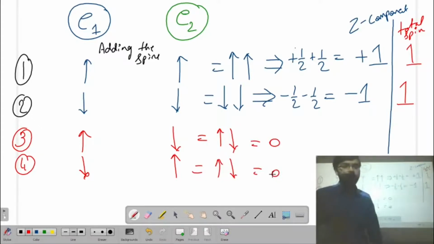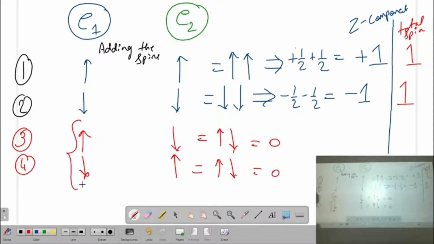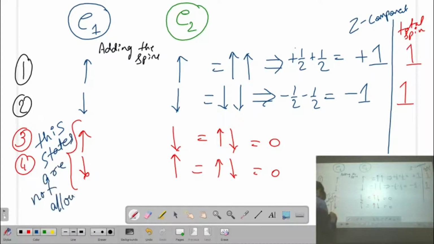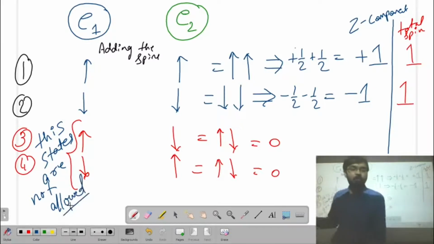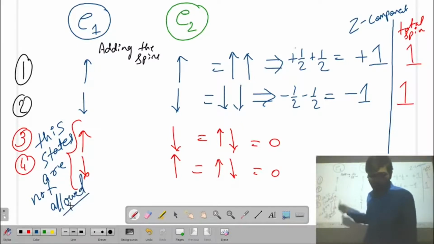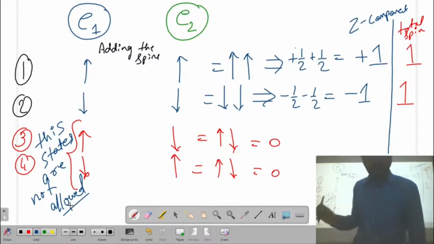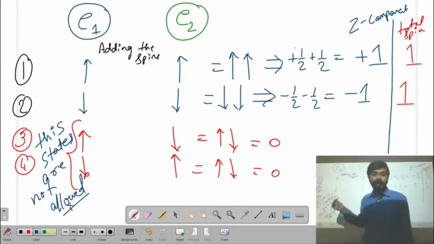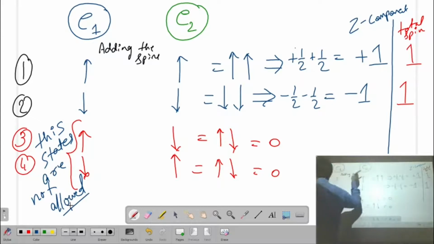But remember, these two possibilities are not allowed. Why? Because both the electrons are identical and we have no idea which is electron 1 and which is electron 2.